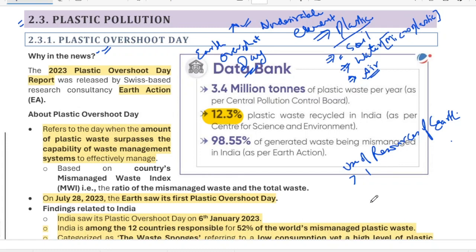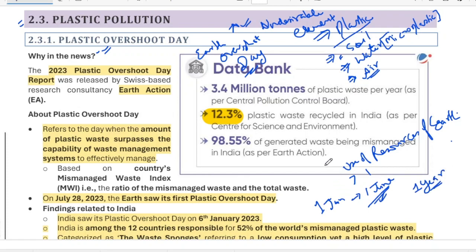Okay, so if we take an example like 1st of June, then from 1st of January till 1st of June, the human population can exploit all the resources that Earth can replenish within 1 year.